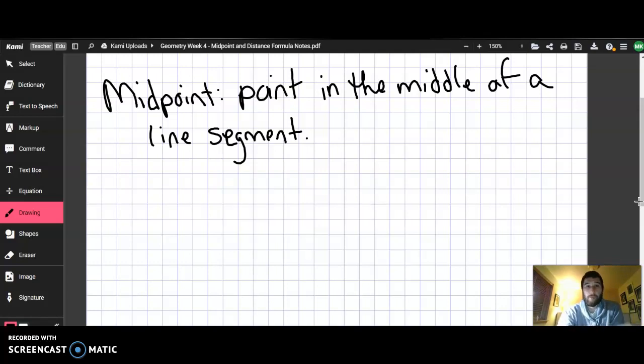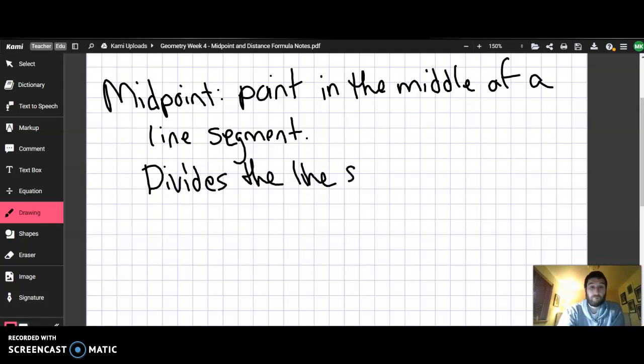And so the midpoint divides a line segment into two equidistant parts.